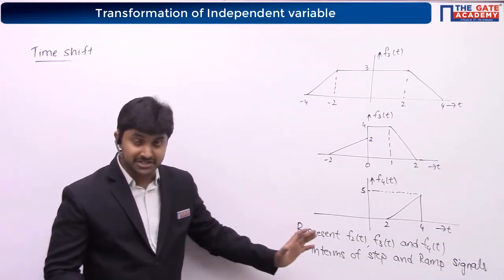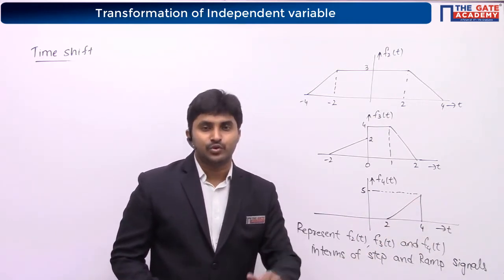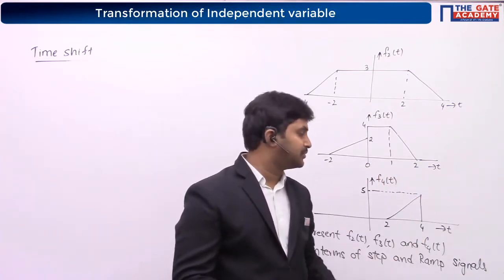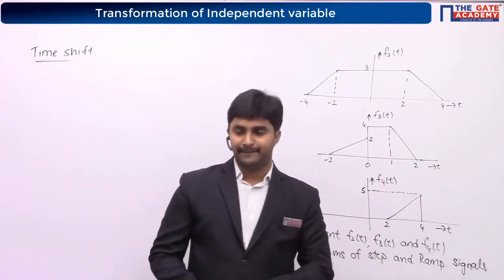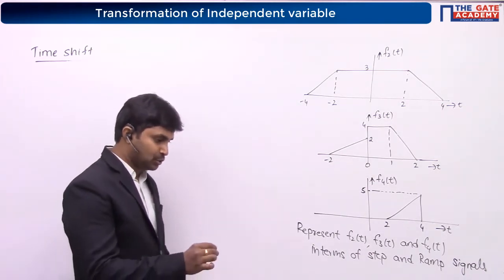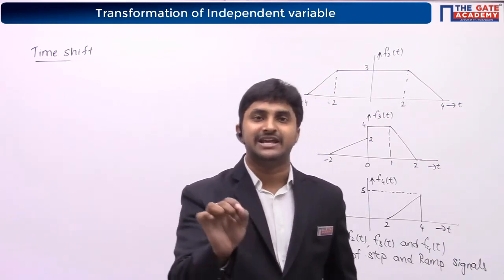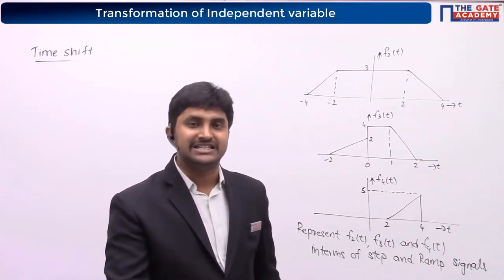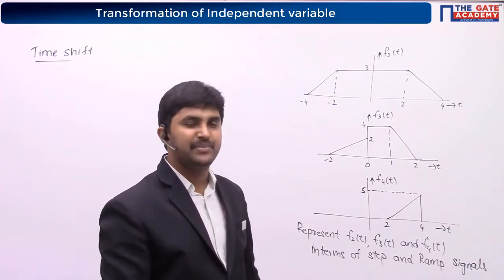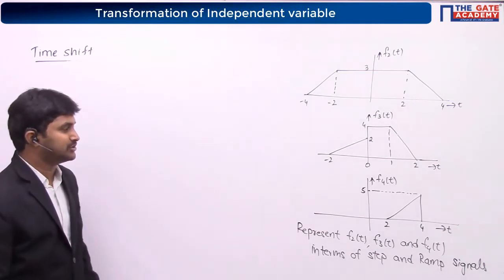You are not forced to represent the signal in terms of both step and ramp; you can use them wherever required. Ramp should be used whenever there is a sudden change in the value of slope at certain points, whereas step will be used whenever there is a sudden change in the value of amplitude.